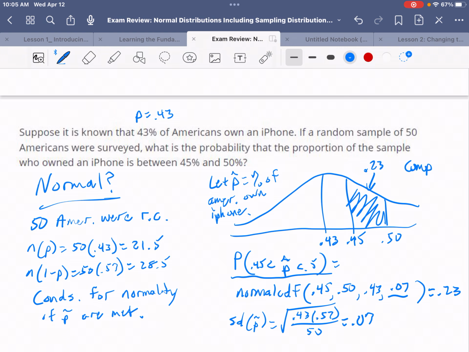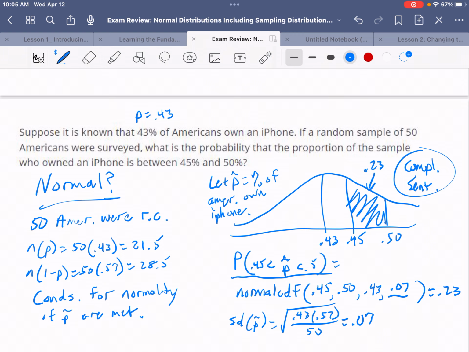Write a complete sentence. There's about a 23% chance that a random sample of 50 Americans would show that between 45 and 50% of them own an iPhone. So make sure you write that sentence if you're in a free response setting.